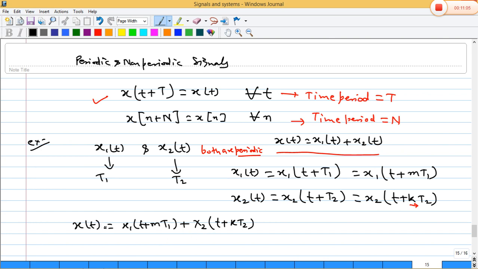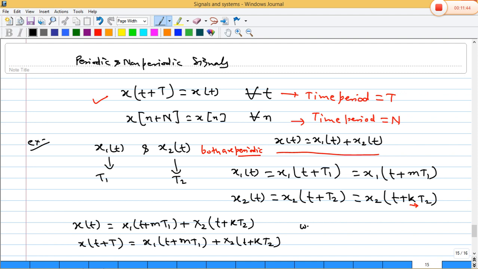Now if x(t) is periodic with time period capital T, then x of t plus capital T equals x1 of t plus m T1 plus x2 of t plus k T2. So for periodicity we must have m T1 and k T2 equal to the time period, because the time periods of these signals should be equal.